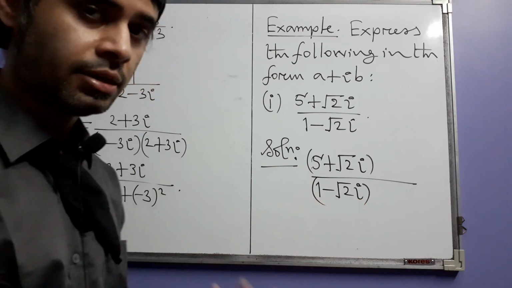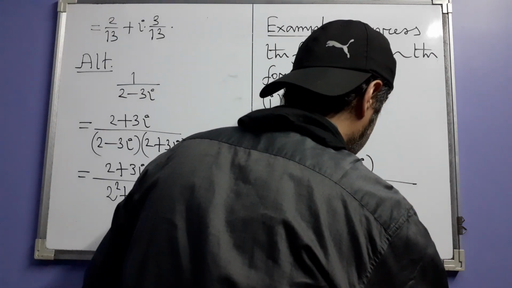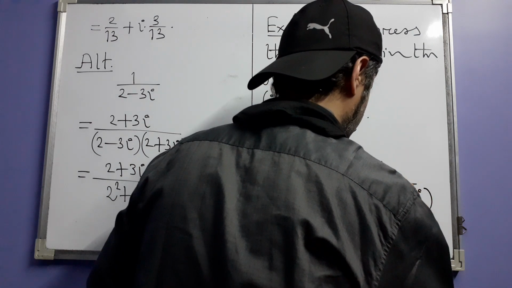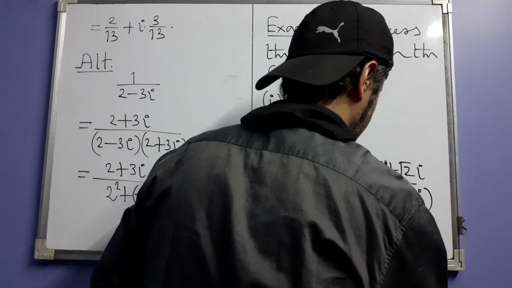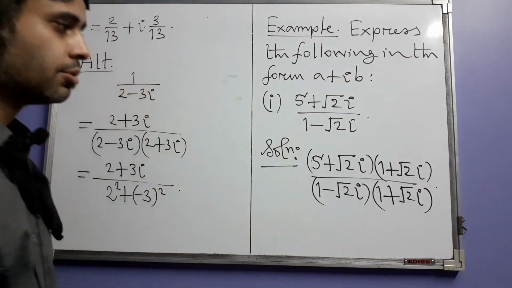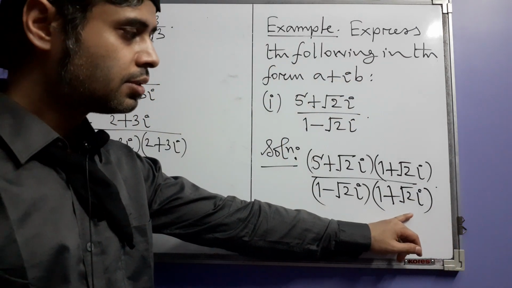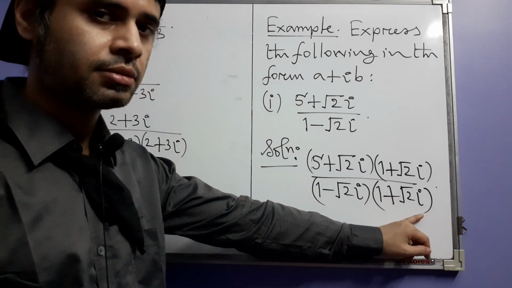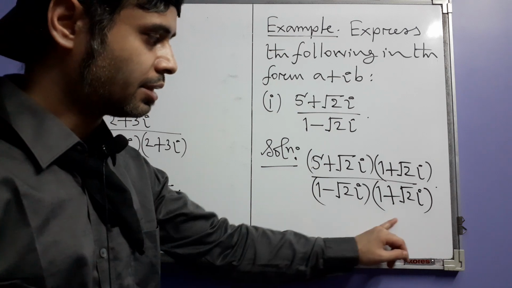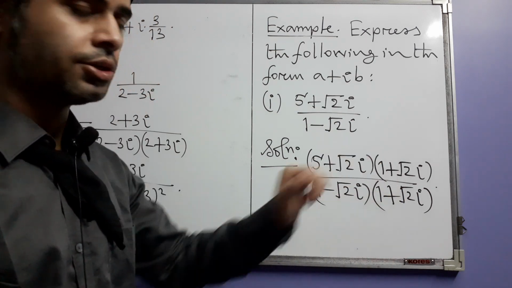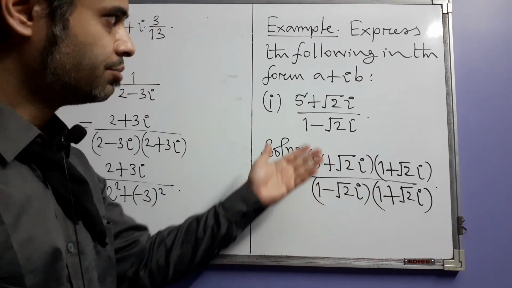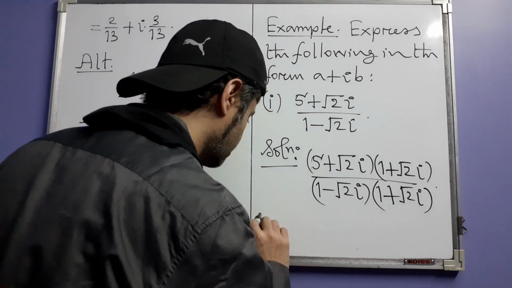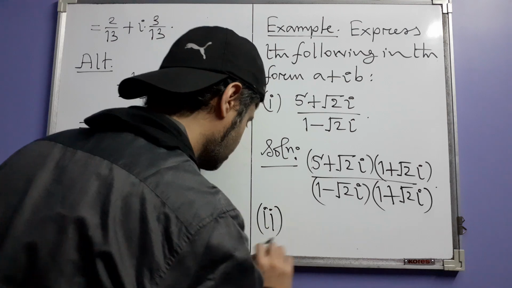Now we are making it a real number. 1 plus root 2i, 1 plus root 2i, and then you do the calculation. The denominator is in the form a minus ib times a plus ib, so that will turn into a real number, and you do the numerator multiplication and finally bring it to the form a plus bi. Okay, so this is your, if I say, homework.